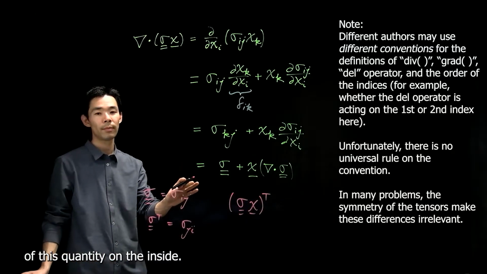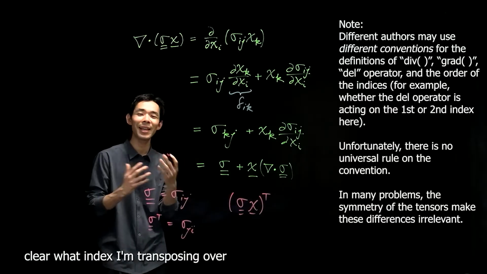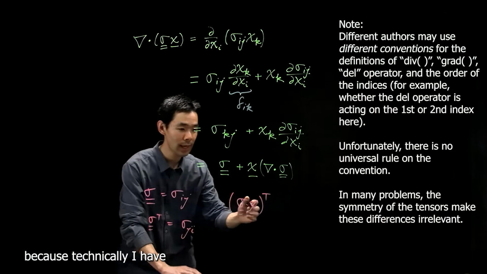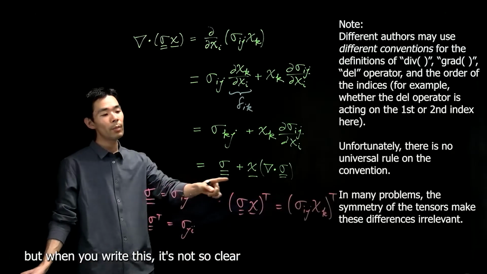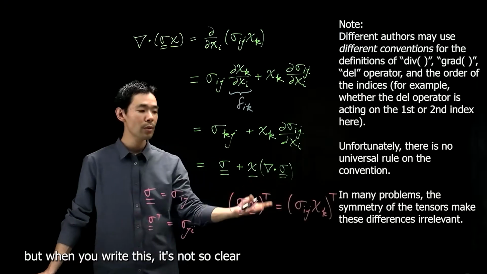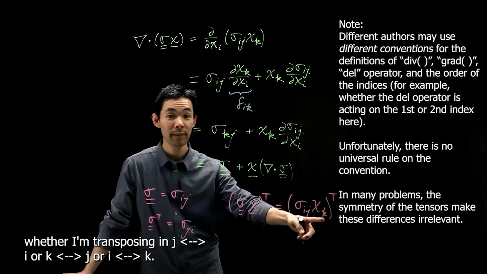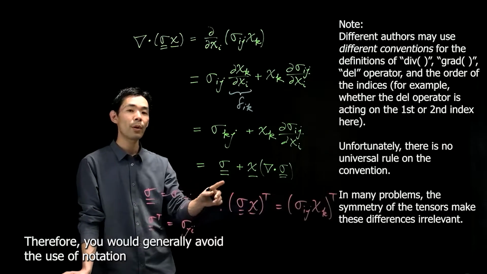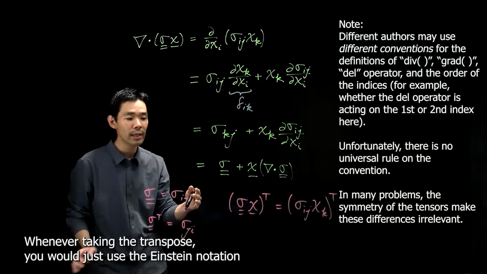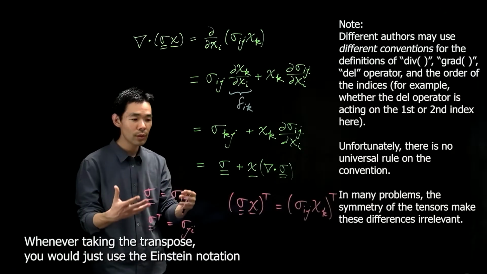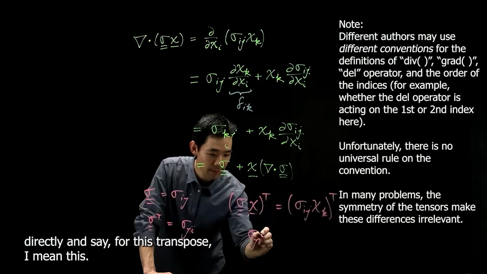If I wanted to take that quantity, now it's not so clear what index I'm transposing over, because technically I have something that looks like this. But when you write this, it's not so clear whether I'm transposing i and j, or i and k, or j and k. It's all very confusing. Therefore, you would generally avoid the use of notation that looks something like this. Whenever you're taking the transpose, you would just use the Einstein notation directly and say, oh, for this transpose, I mean this.